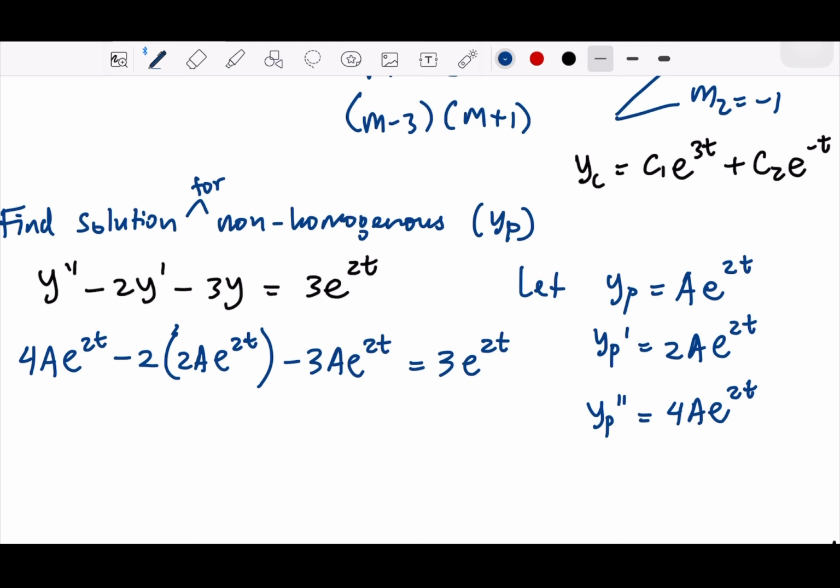A is negative 1, right? So from this canceling, we can find that a is negative 1. So our proposed yp is negative e of power 2t. Okay, so we got yp, we got yc, and we are going to add this 2.